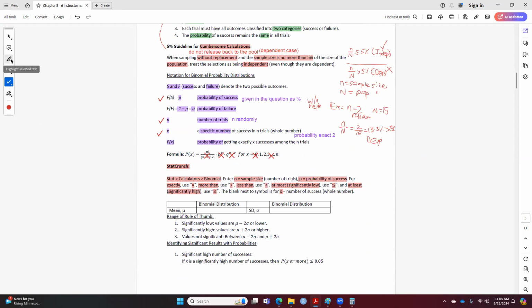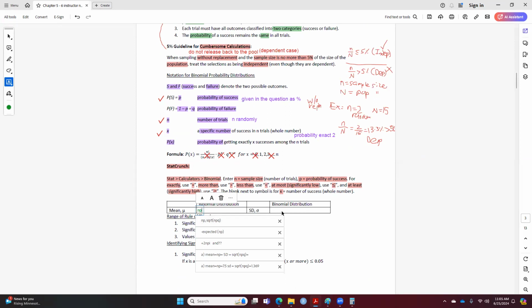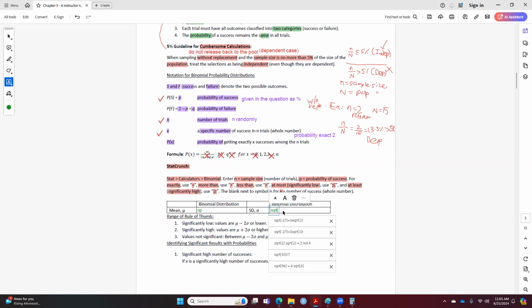If you have a binomial case, the shortcut is that the mean is written as n times p. And the standard deviation in this case can be written as the square root of n times p times q.